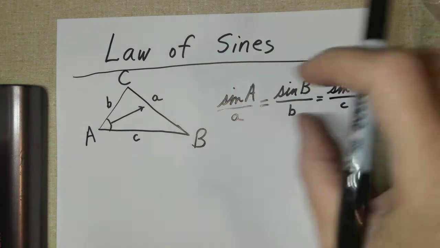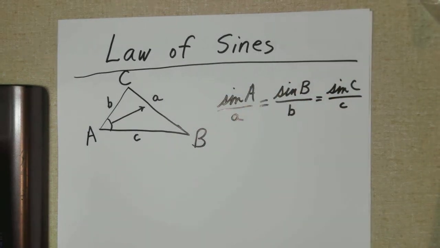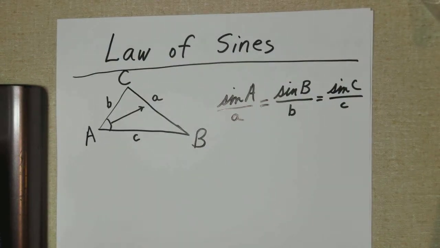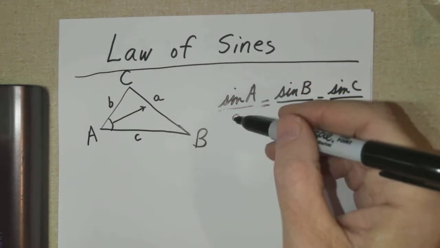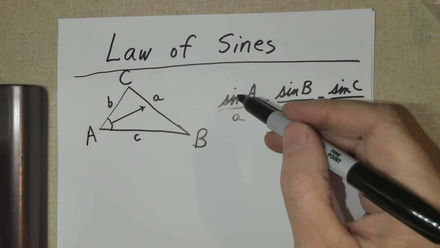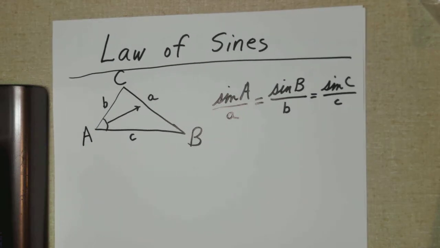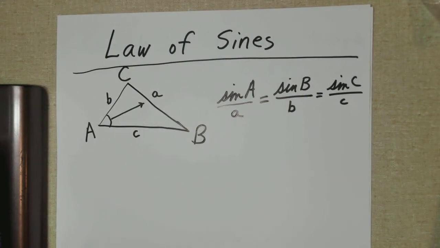You can use any combination of two ratios and make a proportion and be able to solve, and we'll see how we do that in the examples. Also, sometimes you'll see it written as the reciprocal of all these, where they put the length of the side on top and the sine of the angle on the bottom. It doesn't matter. They work both the same way.